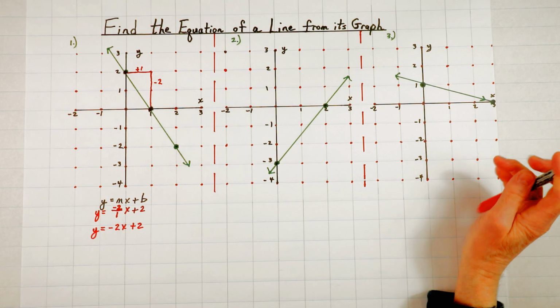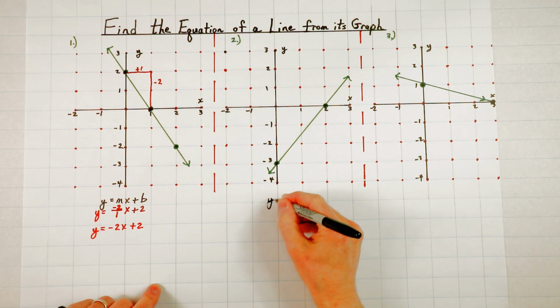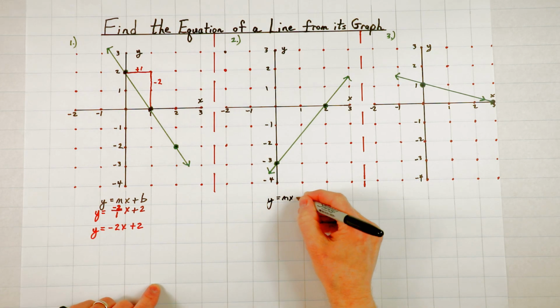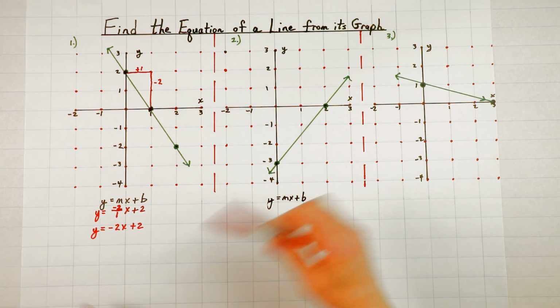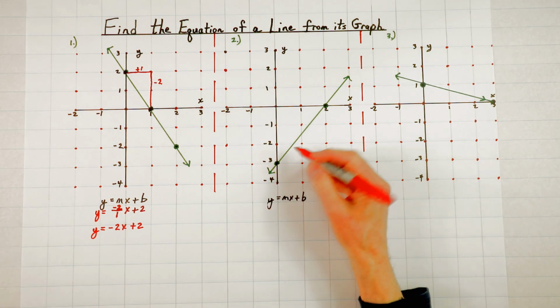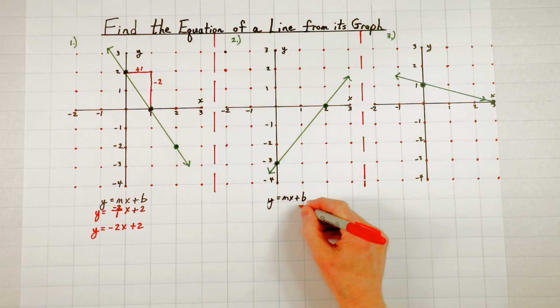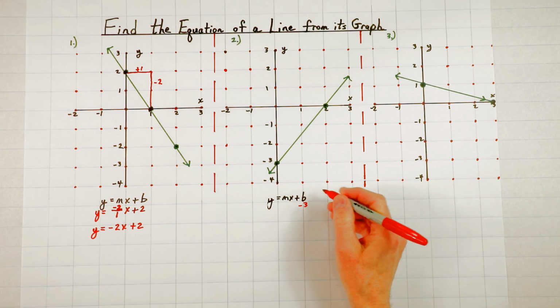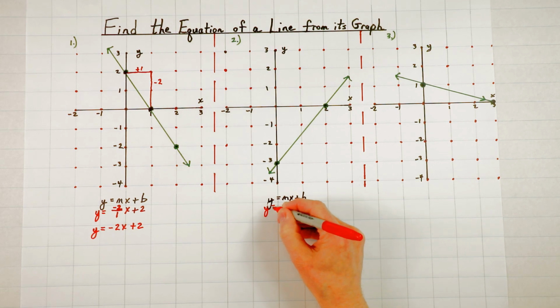Okay, so let's start again with y equals mx plus b. And let's go to the y-axis, find out what the y-intercept is. The y-intercept is negative 3, so I'm going to put that there. Put my x in, and I'm going to draw the fraction line. Put the y equals in there.